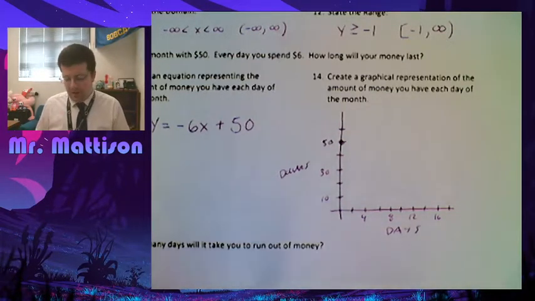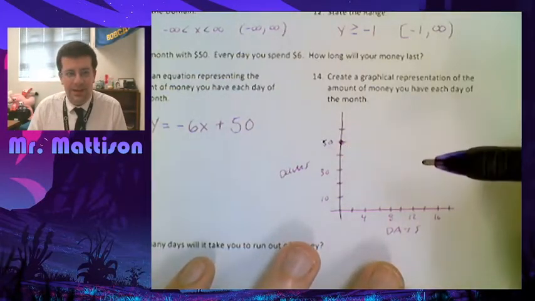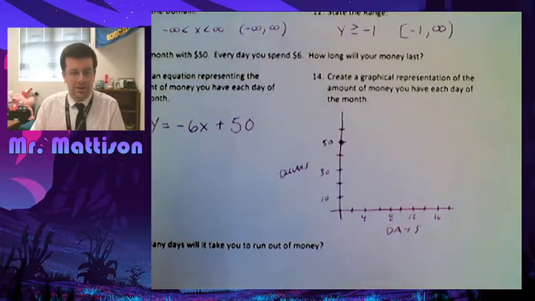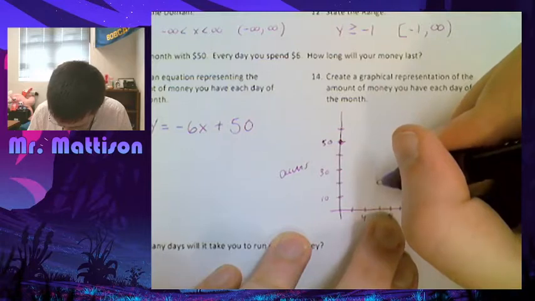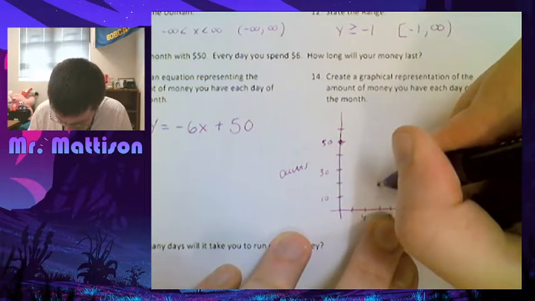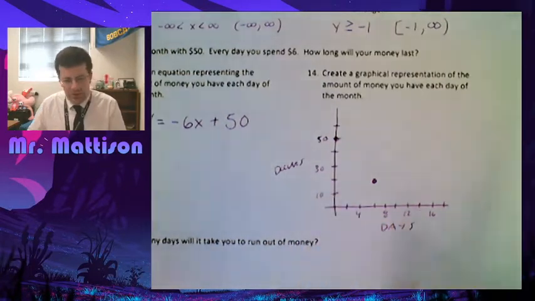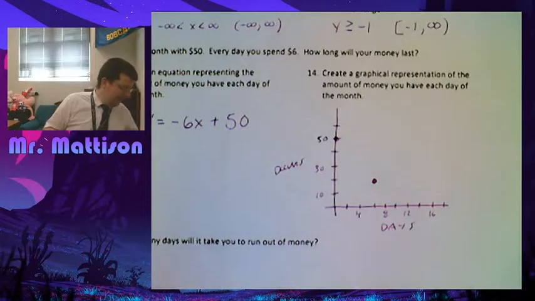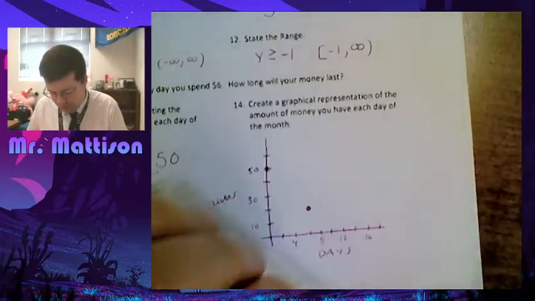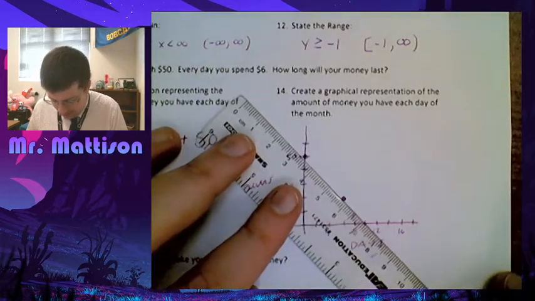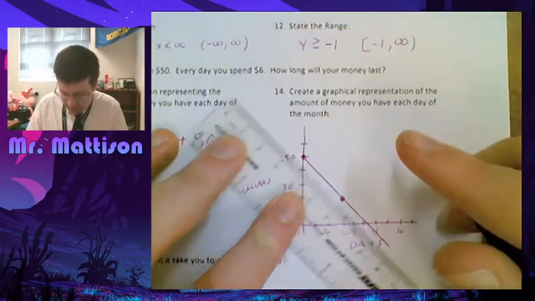So if I go losing $60, in 5 days, I'm going to be losing $30. So after 5 days, I would be at $20. So I'm going to put my second point there. Again, you can find your second point anywhere. I'm just picking one that's going to be nice whole values based off of how I made my x and my y axes. So then I can grab my ruler and I can draw my little graph going through those like so.